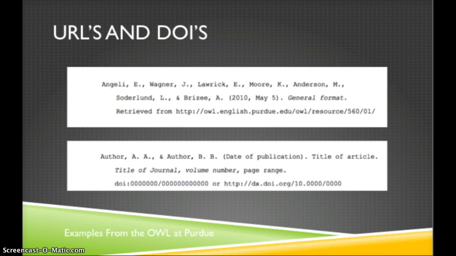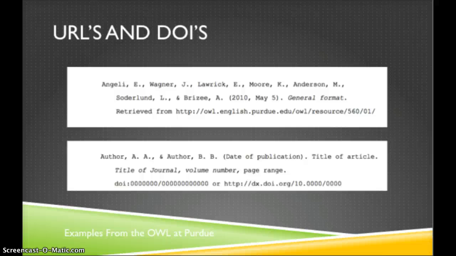Here are two examples of what we call URLs or DOIs. The URL format is what's called a universal resource locator, and the idea with the URL is it's an object that you can go to on the internet and you can find the exact information that you found before. So it's just a web page reference.